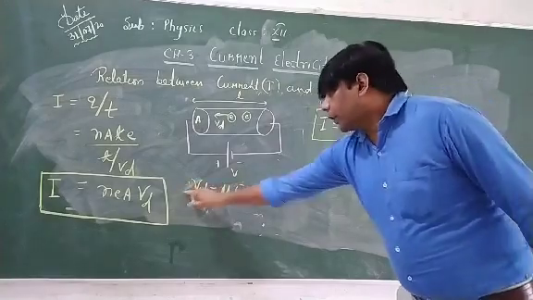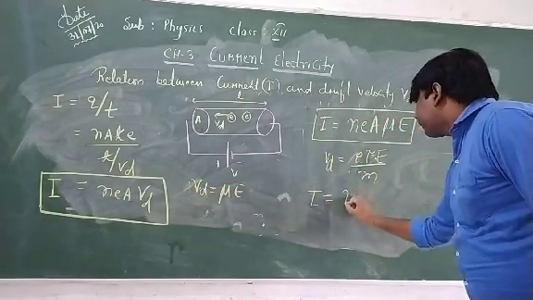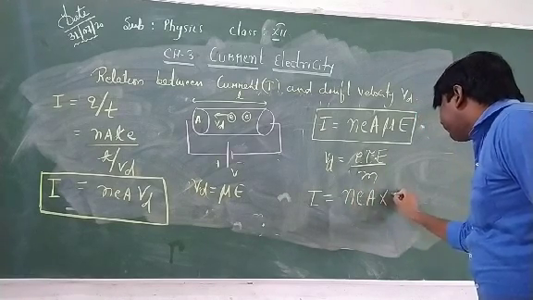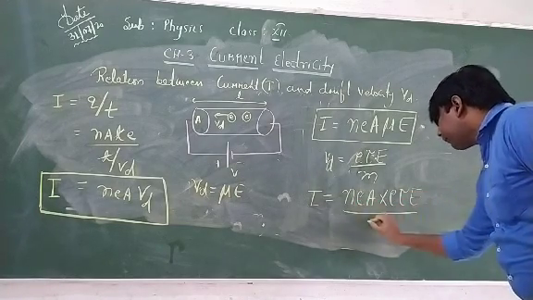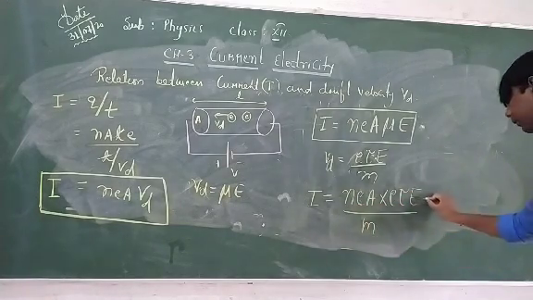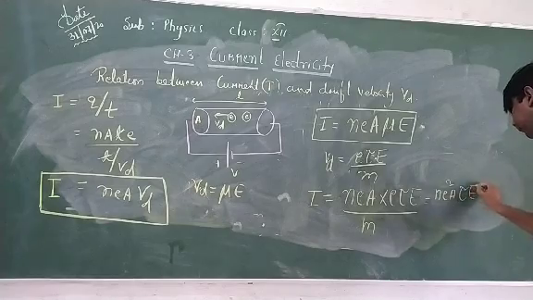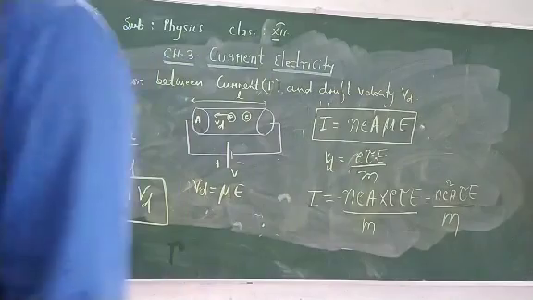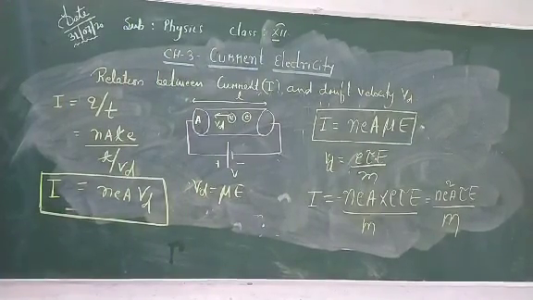So from here we can also substitute, and we have got the relation between electric current and drift velocity.